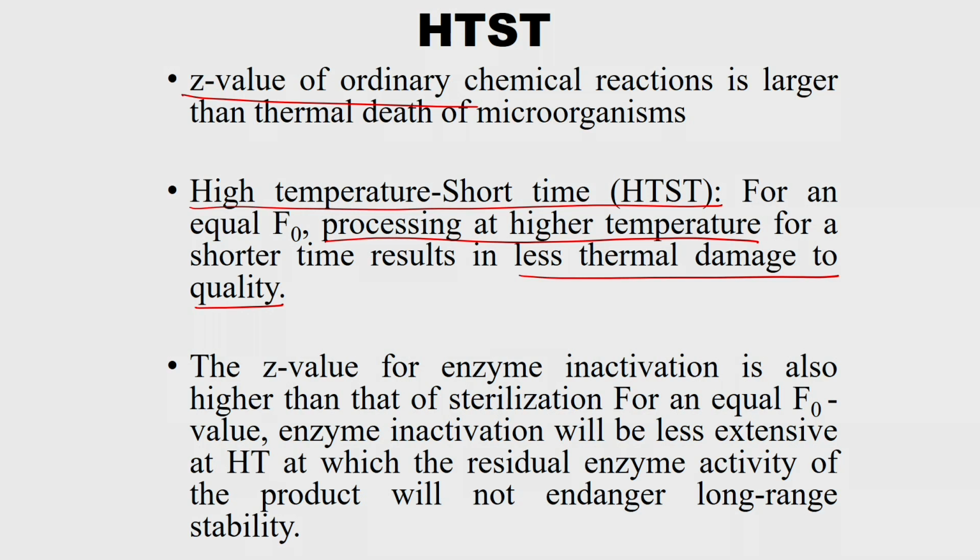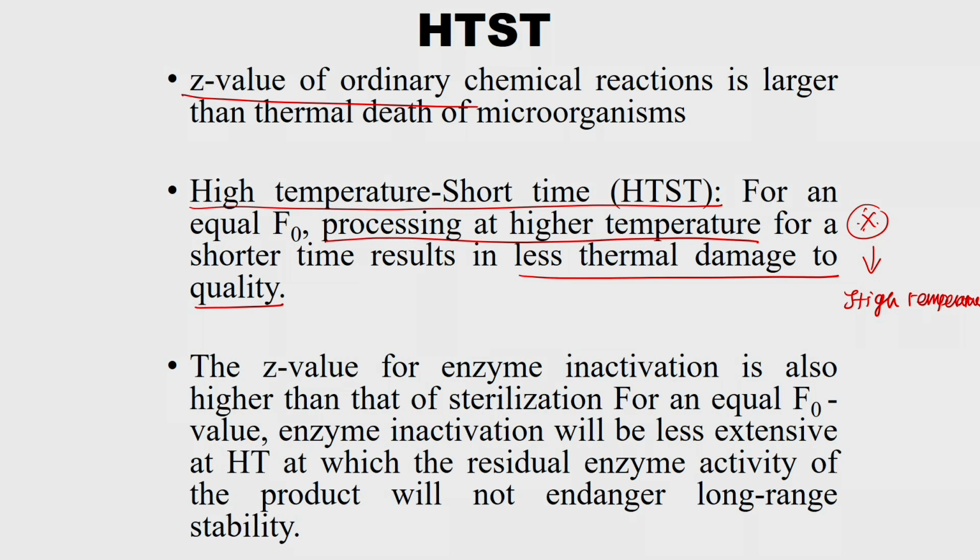And one more thing we need to be a bit careful about is the high temperature you choose. It should be within the favorable range of the particular nutritional quality, right. If the higher temperature I choose itself denatures the enzyme, then there is no point in going for that particular temperature, right.